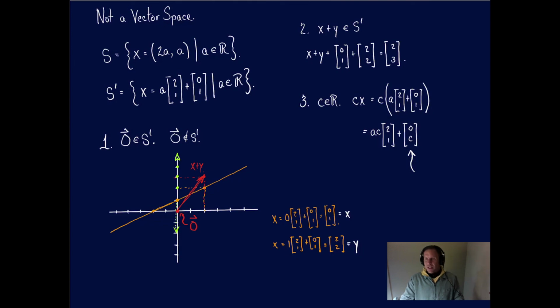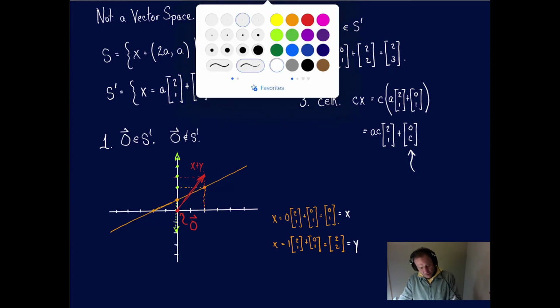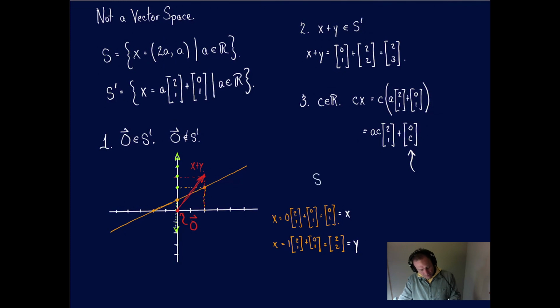In other words, we're going to land somewhere off of the orange line. And so we can say with the utmost confidence that S prime is not a subspace. And that would be an example of why they fail.